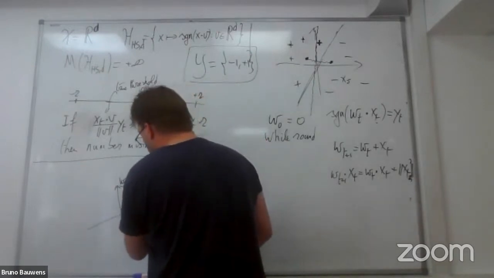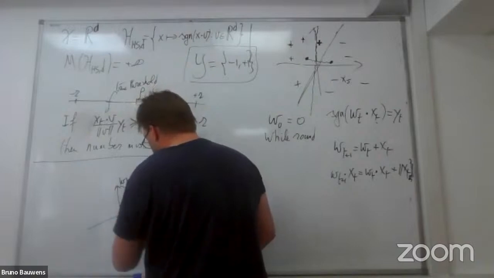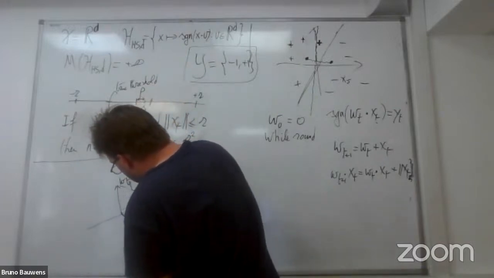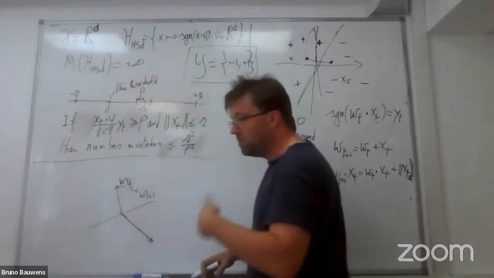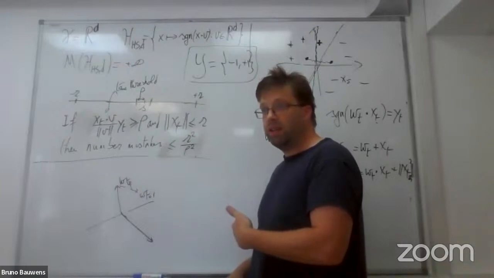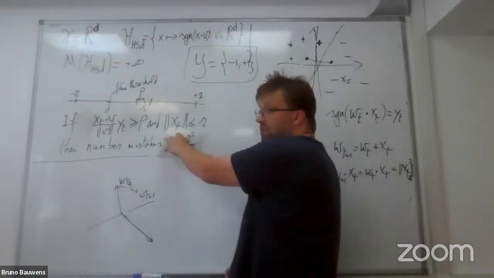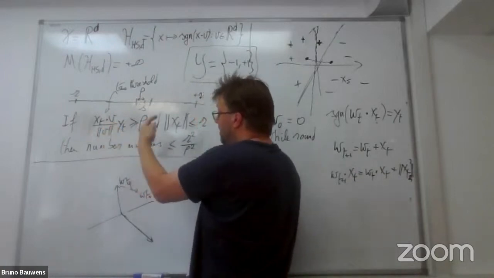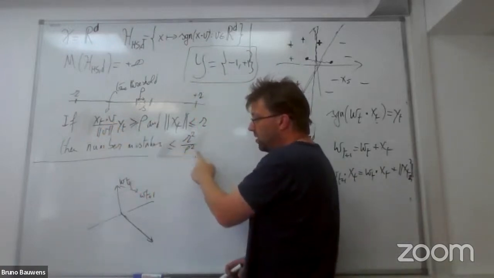But still it's wrongly classified. Okay, let's make it a bit bigger. His original plan is to cycle many times through the points and eventually everything will be correctly classified because of this theorem: if a good classifier V exists, then the number of mistakes will not be too much.